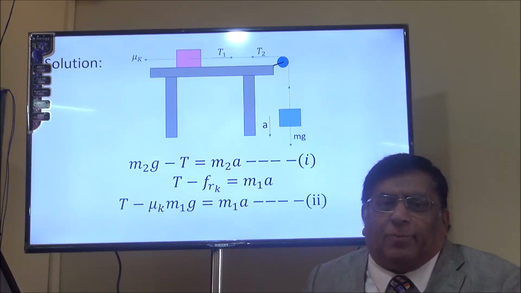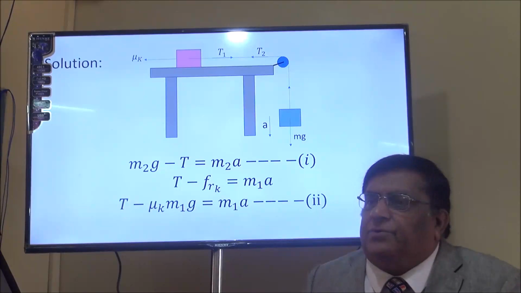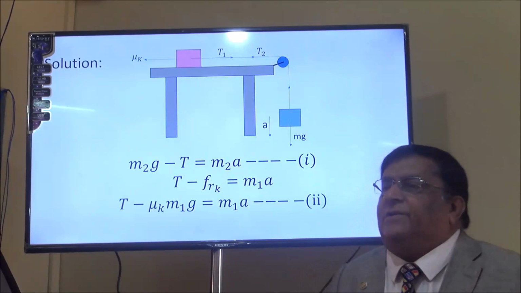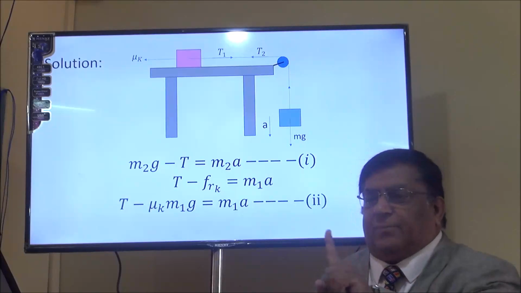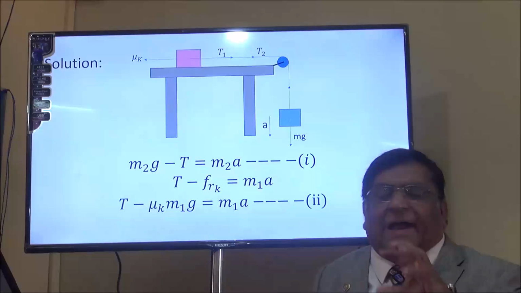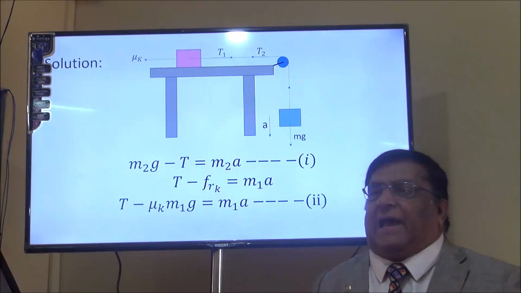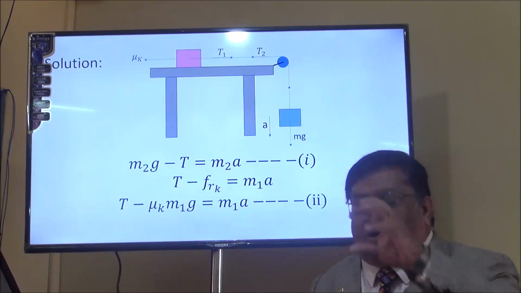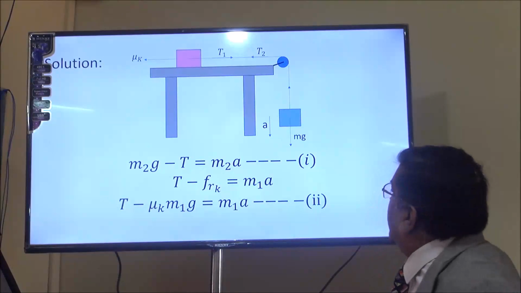So to solve this problem, we have a very good system in physics. What we do, at any point of contact, we choose one body, one point, one body, and we mark it, and then we forget everything else, and apply our formula on that particular body. So I will do it here.